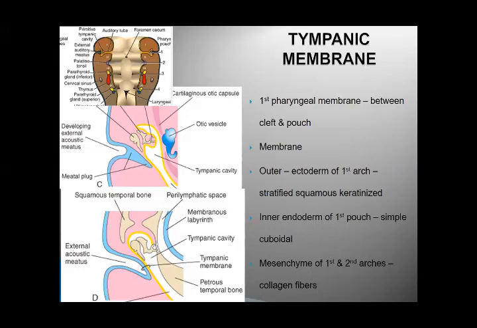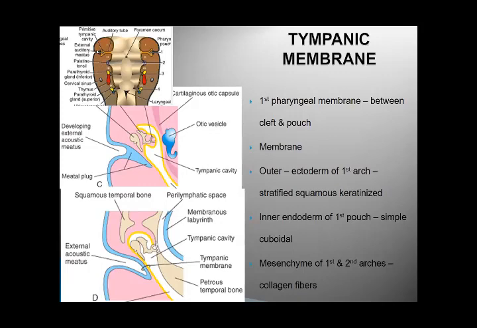So the tympanic membrane is this curtain-like structure which is present between the external layer and the mid layer. And we have done its development many times. One quick recap is that on the external surface we have a depression which is called cleft.